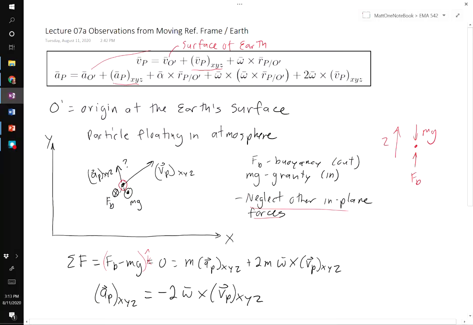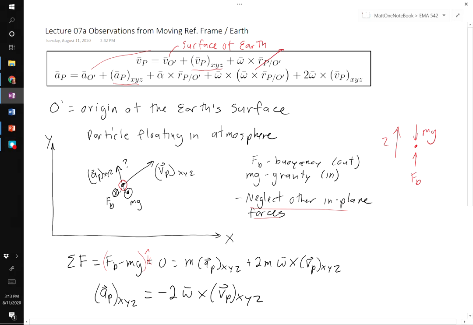So if we've done that, any radius we put here, if it's small relative to 4,000 miles, then this term's going to be negligible, because this term here is omega cross the radius of the Earth.